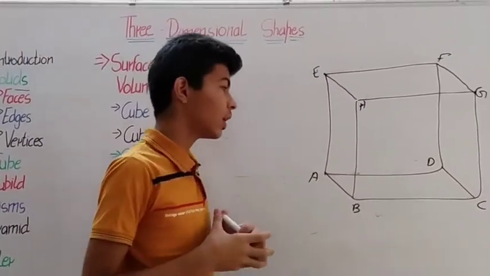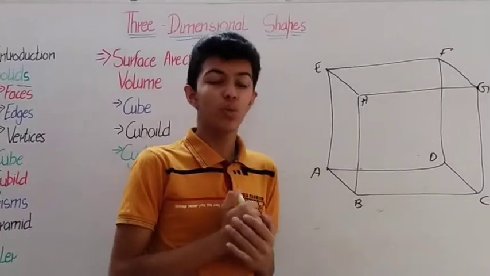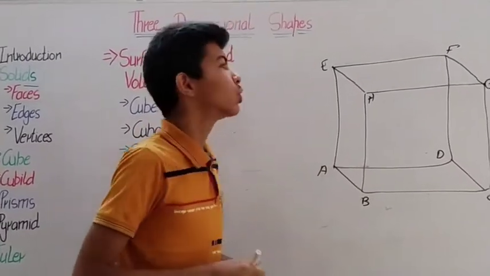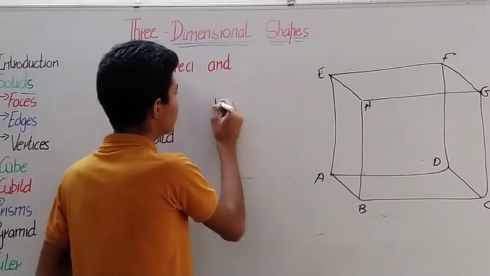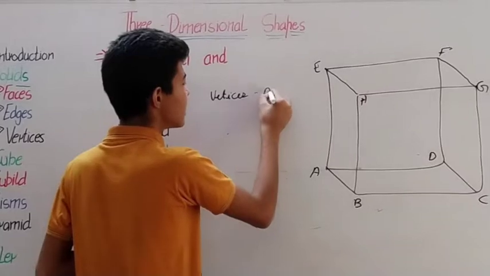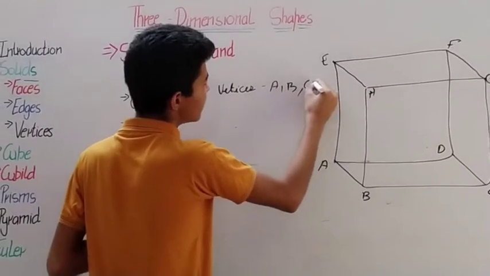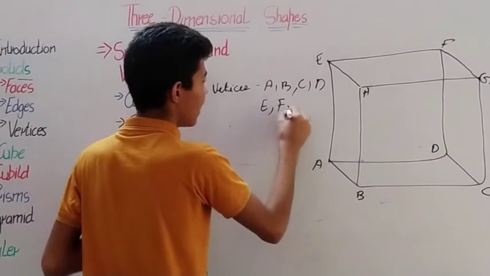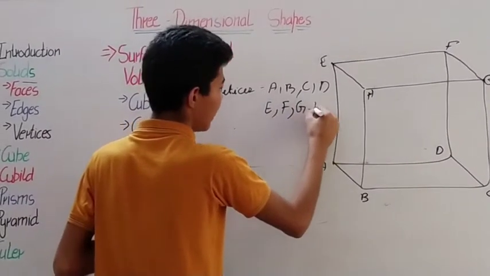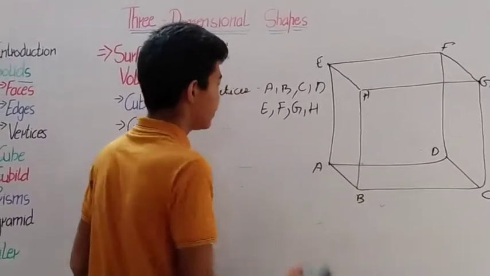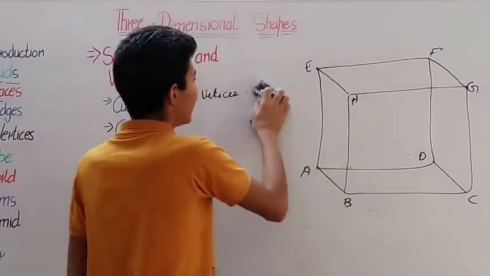Because I have named these as points, the number of points is the number of vertices. So I have vertices A, B, C, D, E, F, G and H. So there are a total of 8 vertices.